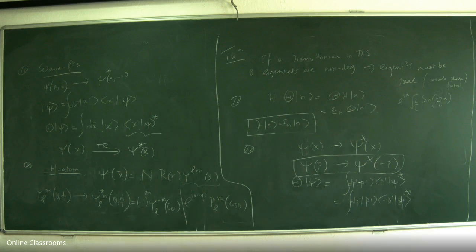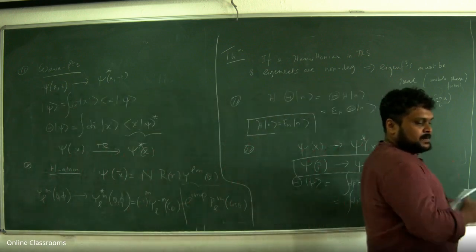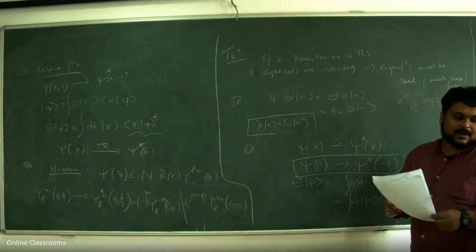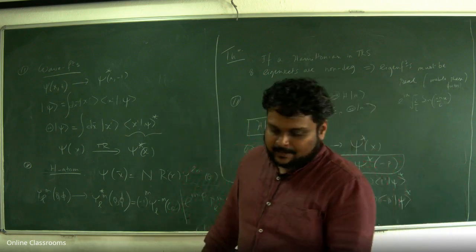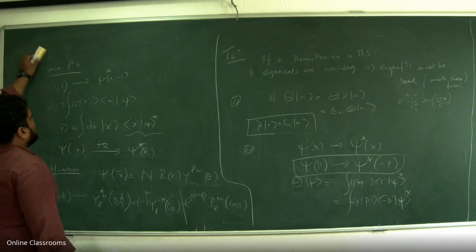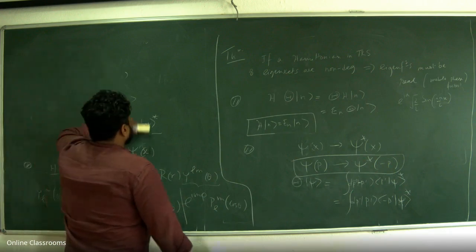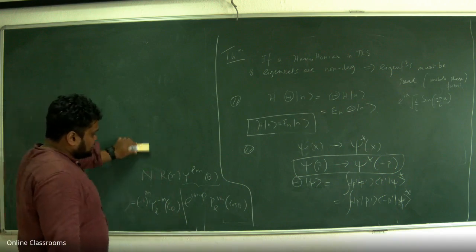Now I will conclude this chapter. I learned what is the representation of this symmetry for a one component wave function. So now let's try to see what happens to angular momentum. Angular momentum means we want to now go towards spin half or spin in general.